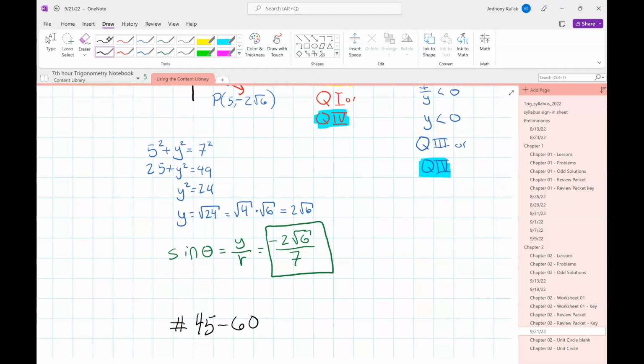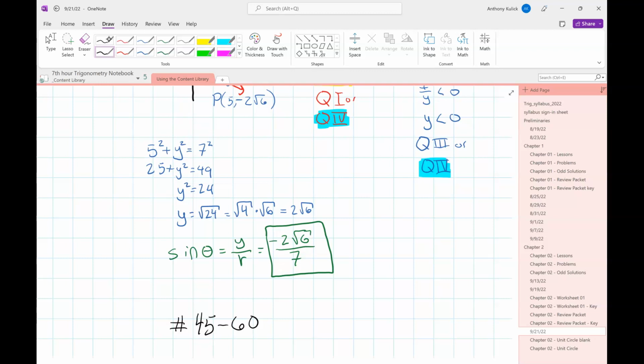Well, we have a couple of things to do before that. What haven't we done yet this chapter? Homework quiz. What might you expect next time? The homework quiz. Okay. We'll do some more practice in class. So I have a Delta Math assignment for you guys to work on, and then this worksheet 1 that's in the content library that we can work on both of those in class after your homework quiz.